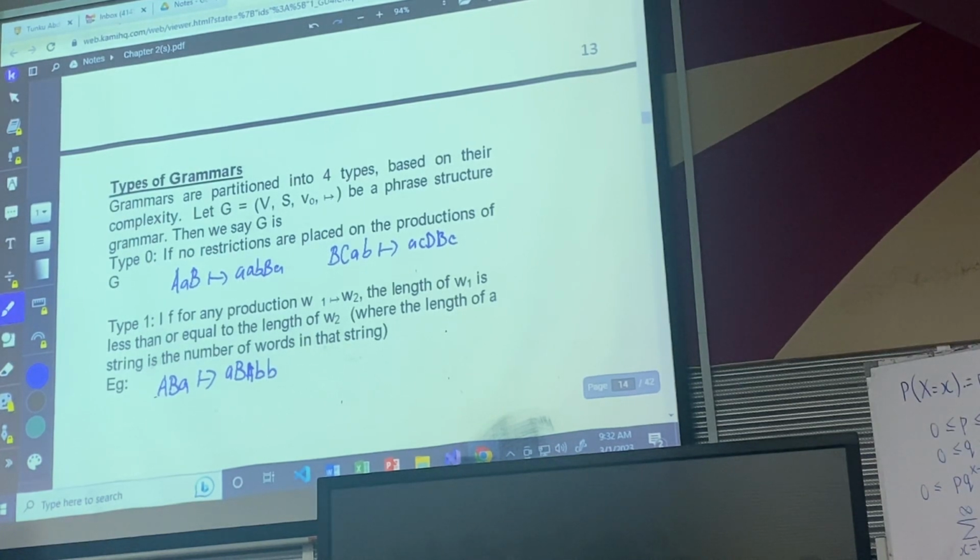The substitution at the right should be longer or the same length as the left hand side.